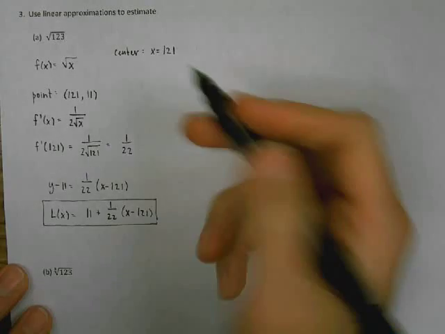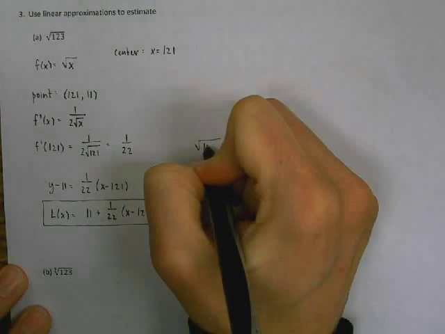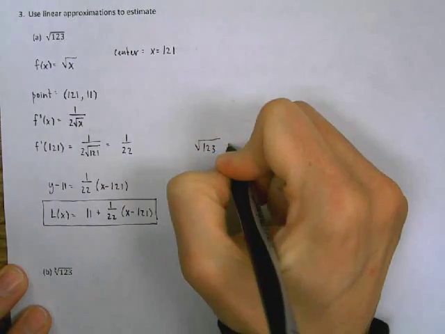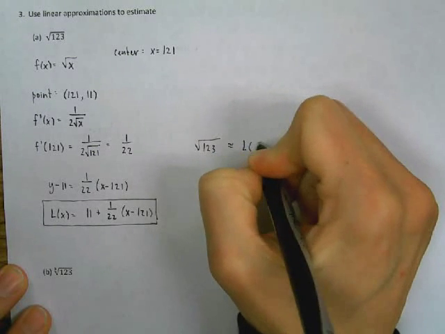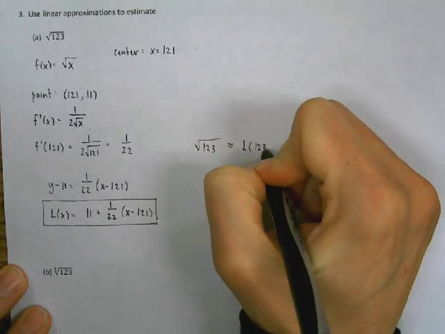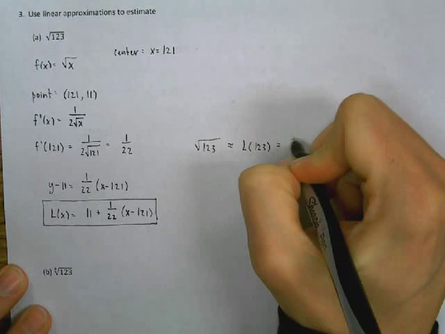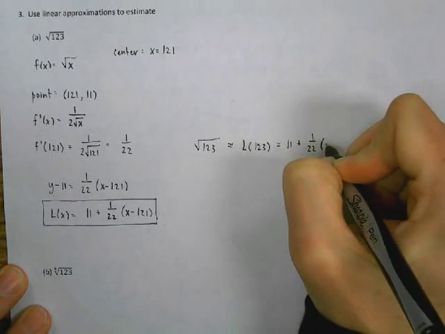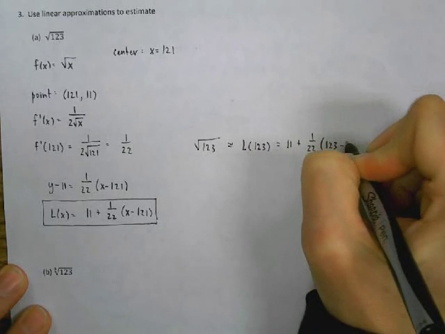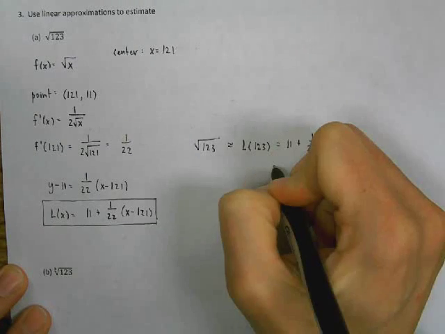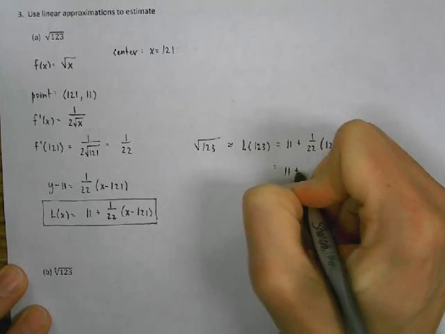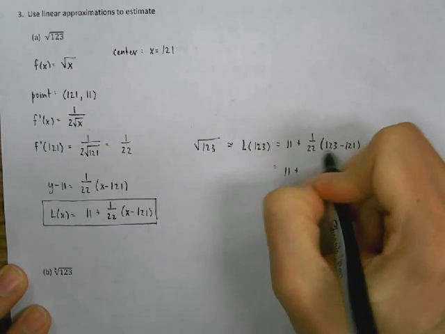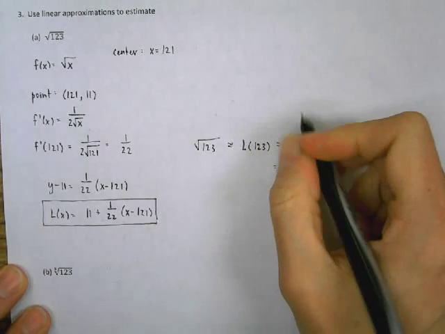So now, we said we wanted to approximate the square root of 123. We know that's approximately L of 123. And so that's going to be 11 plus 1/22 times 123 minus 121. So we're going to get 11 plus 2 over 22, so 11 plus 1/11.